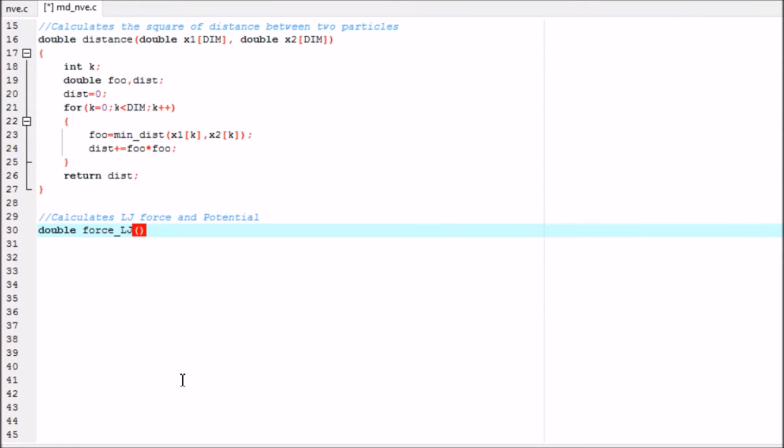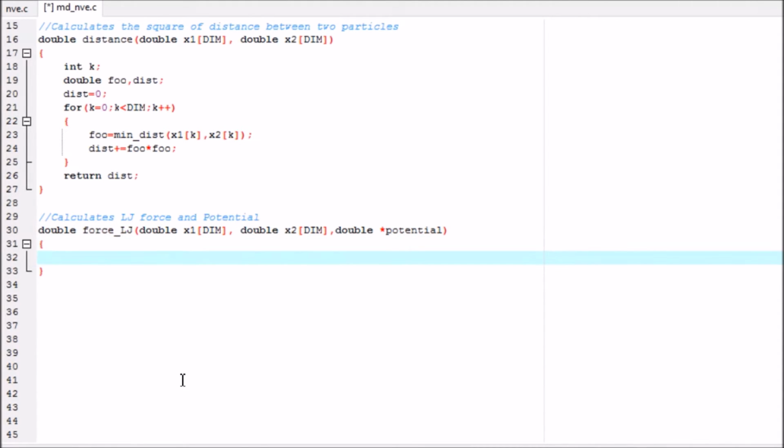To find the force between two particles, I would need the positions of the two particles, which would be x1 and x2, like the previous function. These both are vectors of xyz coordinates of two particles. We'd also need to update the potential energy, for which we'll pass the potential pointer to the potential energy.